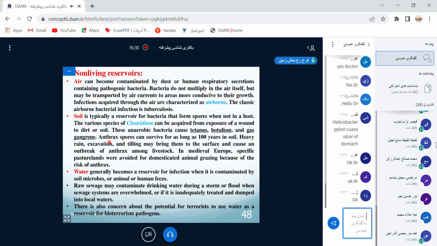Another example is anthrax spores, which can survive for as long as 100 years in soil. If one infected animal with anthrax is in front of my house, for 100 years anthrax spores are present there and can be infective for people.